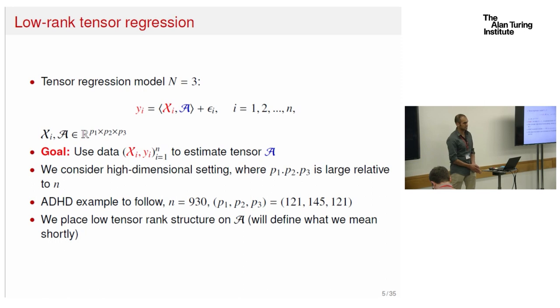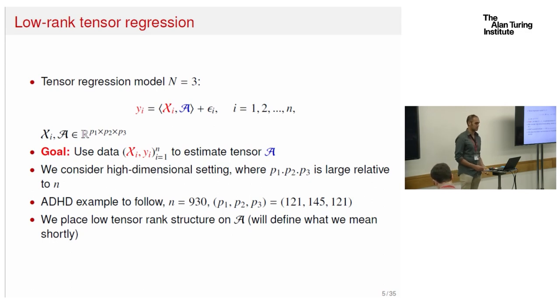Okay, so I'm going to stick to one particular model, I guess the most standard model in statistics, which is the linear regression model. So here we've got the linear regression model, but our parameter of interest is a tensor. Everything I say applies to higher order tensors, but because the notation gets heavy for tensors, I'm going to just stick with order 3 throughout the talk.